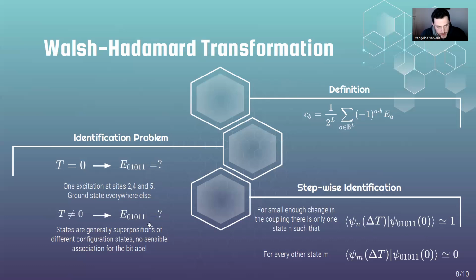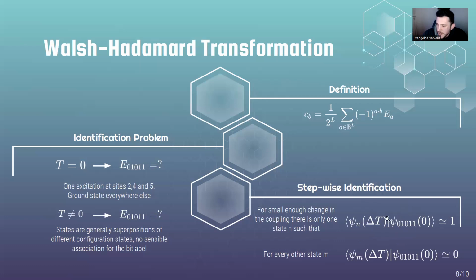So the way to resolve this is we can think of this as doing very small steps in changing the coupling strength. In which case, for small enough delta t, you can obtain all the new eigenvectors. And if we're looking for a specific eigenstate at t equals 0, let's say this one from the example here, from our new eigenvectors there's going to be only one which is almost collinear to our old eigenvector, and all the rest of them will be basically orthogonal.